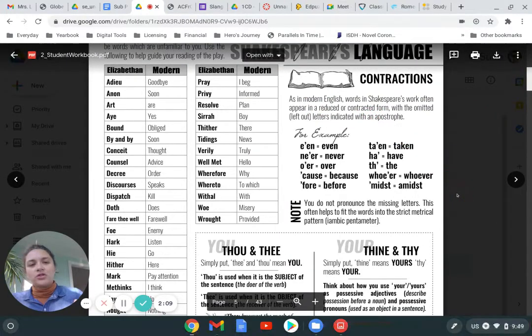This is not because people necessarily spoke this way, but because Shakespeare was trying to write in iambic pentameter, which means that he had to count how many syllables were in each line and make sure that his rhythm stayed consistent throughout his play. And so he might not be able to afford to say even, like it shows you right here.